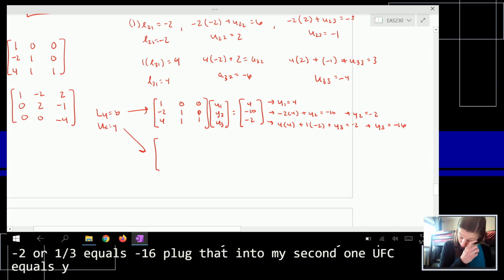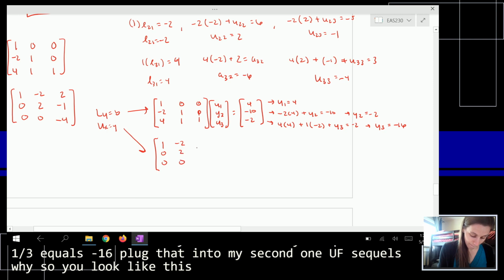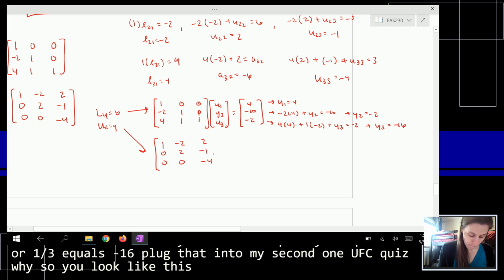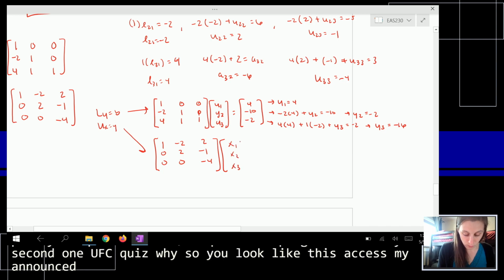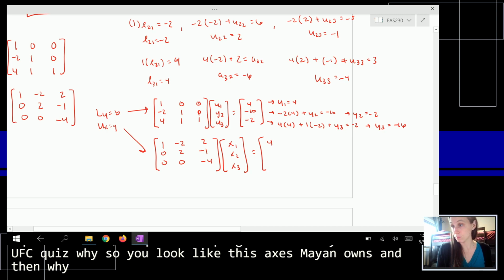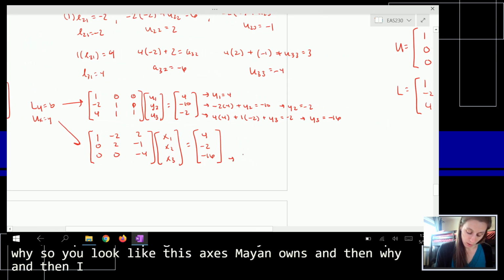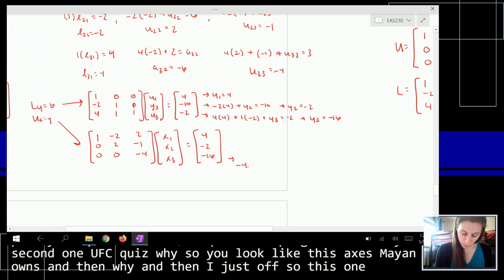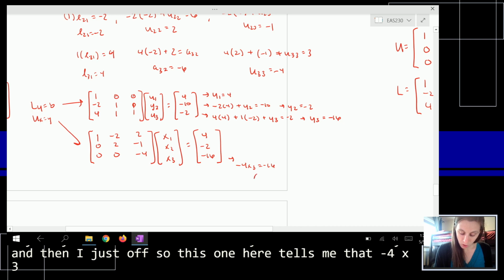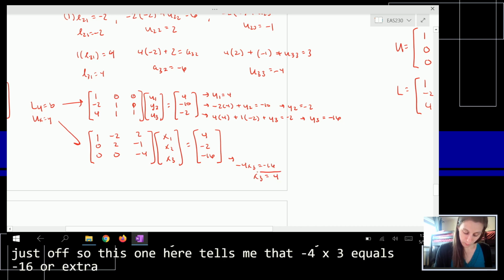Ux equals y. So U looked like this. X is my unknowns, and then y. And then I just solve. So this one here tells me that -4 x3 equals -16, or x3 equals 4.